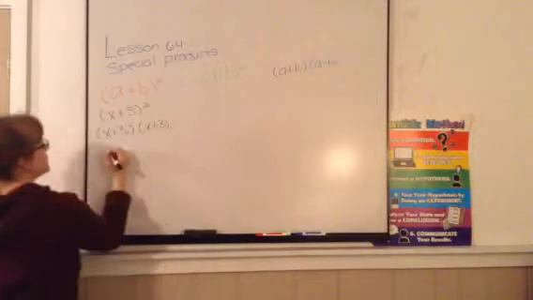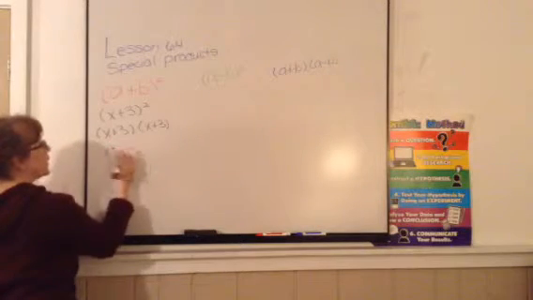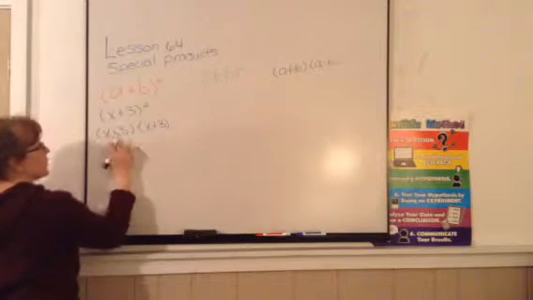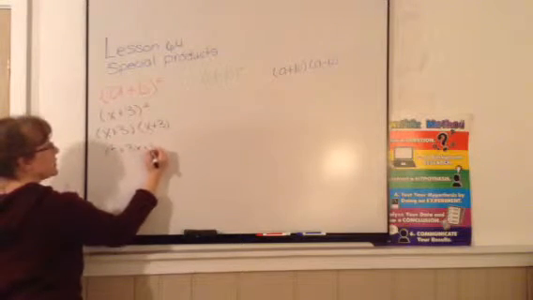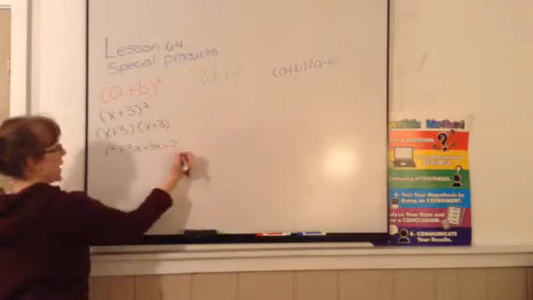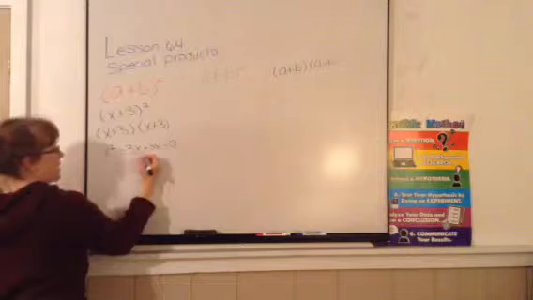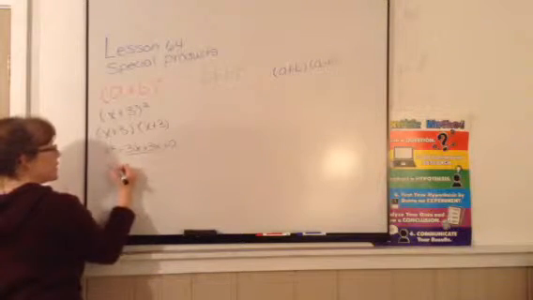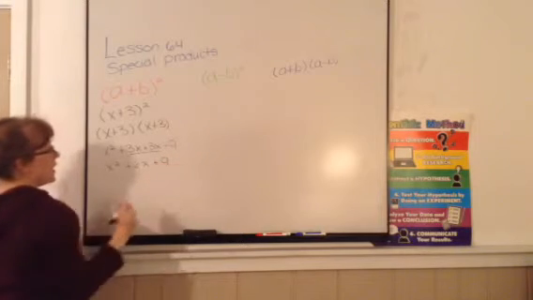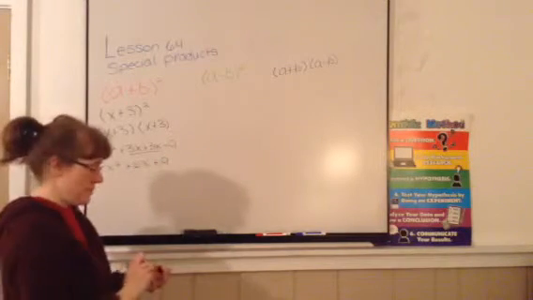X times x is x squared. X times 3, we're going to add 3x. We're going to add another 3x. And we're going to add 3 times 3, which is 9. I'm going to combine these. I get x squared plus 6x plus 9. And that would be my final answer.